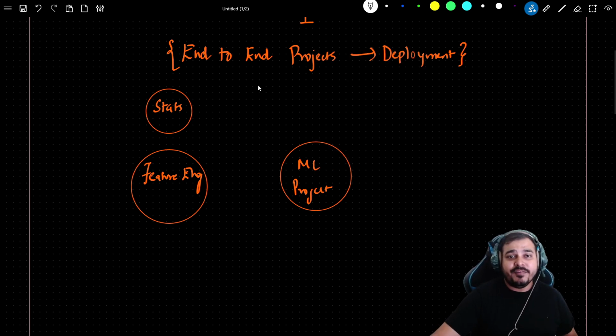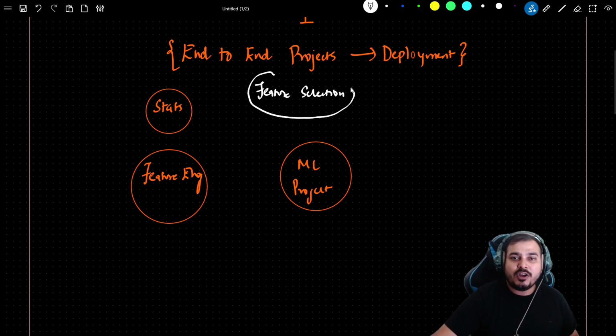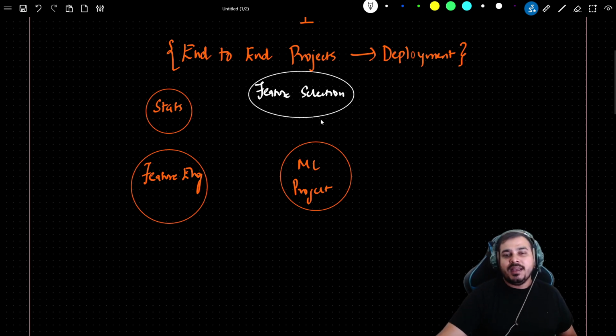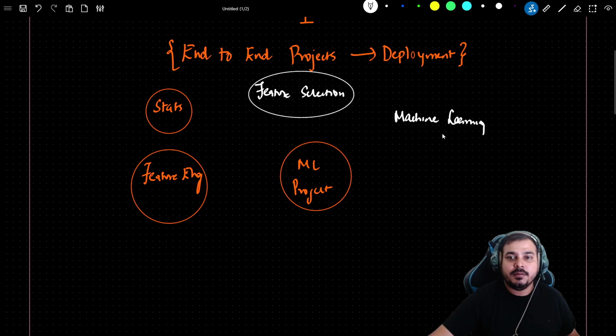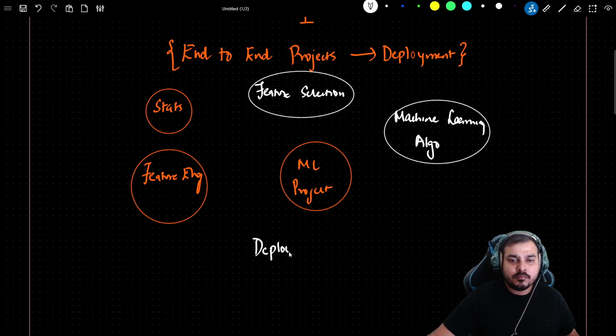Then we have feature selection; one way or the other you will definitely do it in the entire machine learning project. Then probably your machine learning algorithms. So this is also there, right? And probably your deployment techniques.